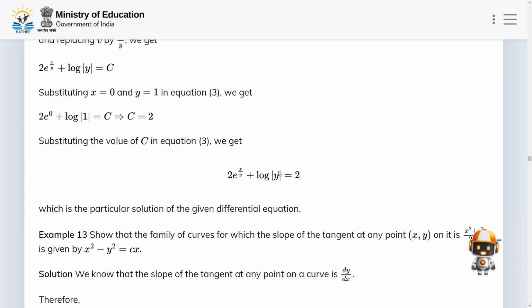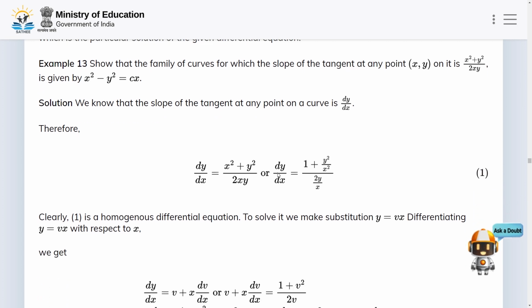Okay. Now, next example. Show that the family of curves for which the slope of the tangent at any point x comma y on it is given by this. Clear? I hope it is clear. Now, slope of a tangent at any point is dy by dx.